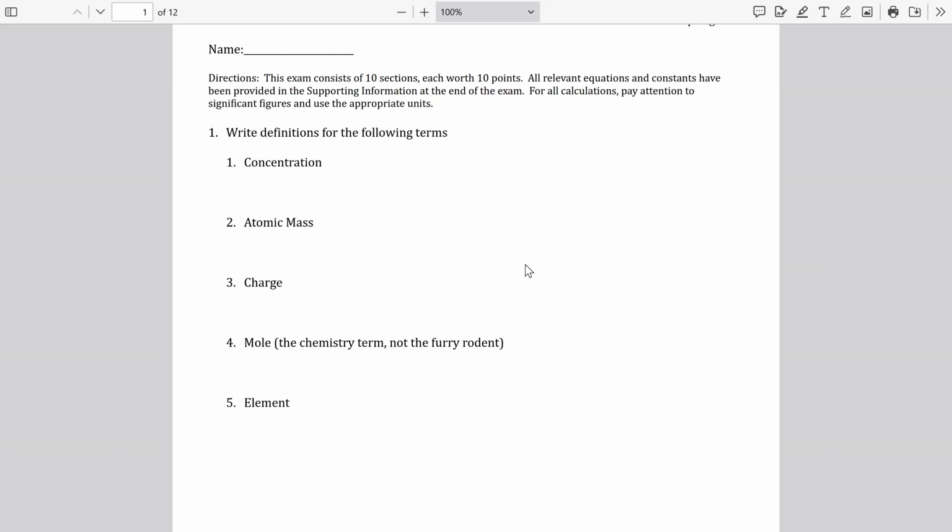Definition questions are hard. I still remember when I was in grad school, I was in a 5,000 level chemistry course with a bunch of chemistry PhD students, and the instructor asked us to define what an orbital was. And out of a bunch of chemistry PhD students, nobody had a good answer for it.